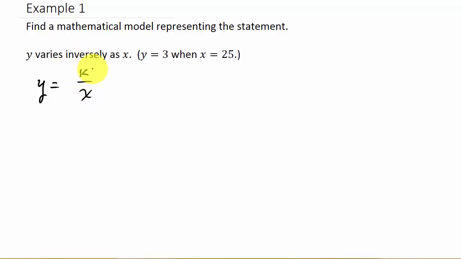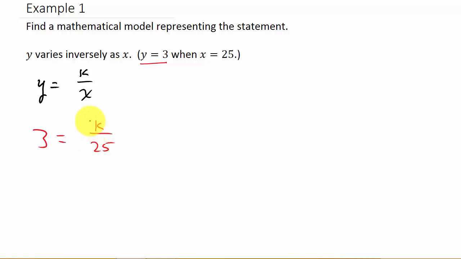Now we need to figure out what k is. Well, they're telling us that y is 3, so we replace the y with a 3 when x is 25. So that's 3 equals k over 25.